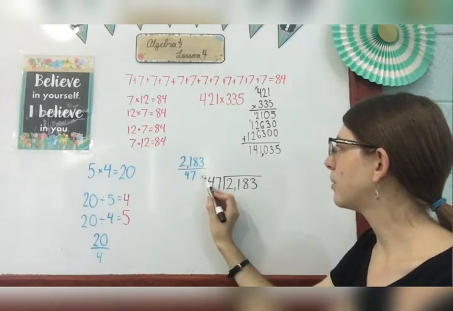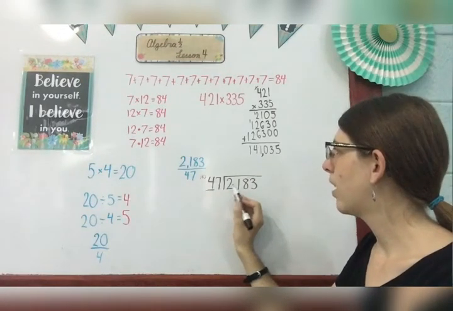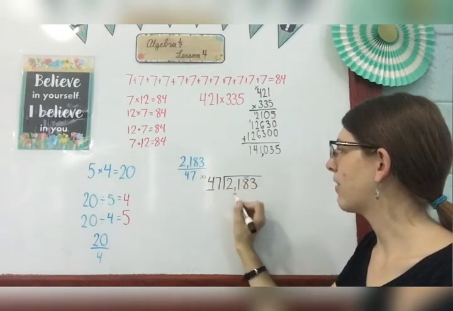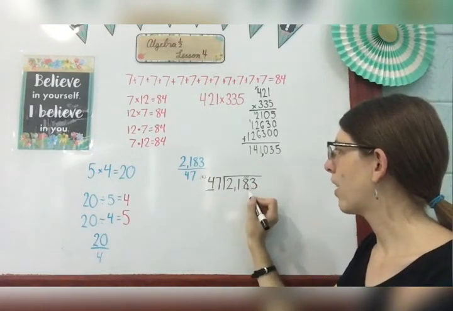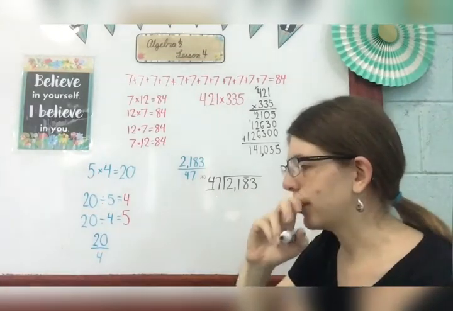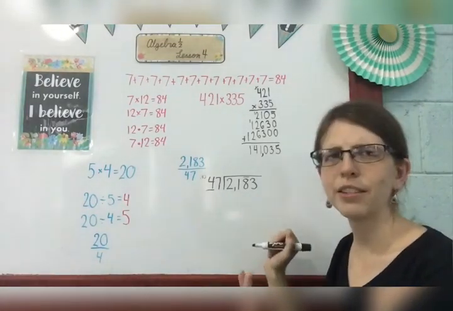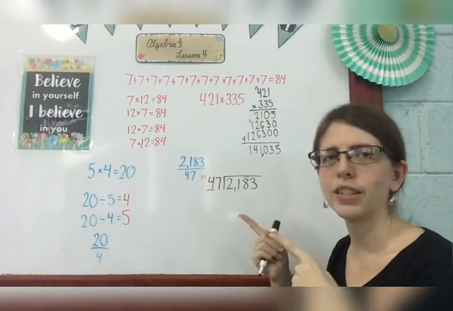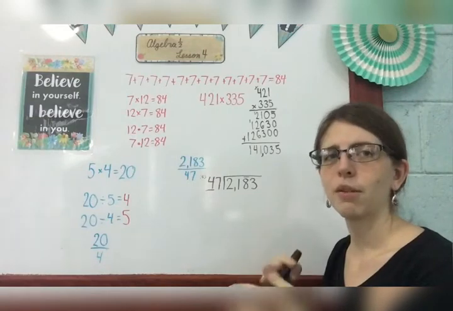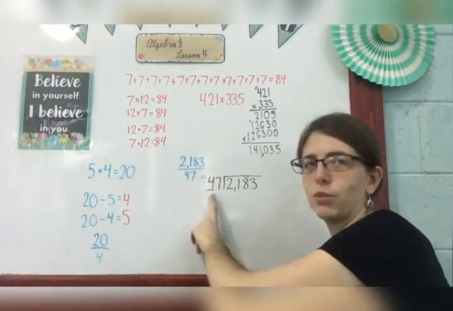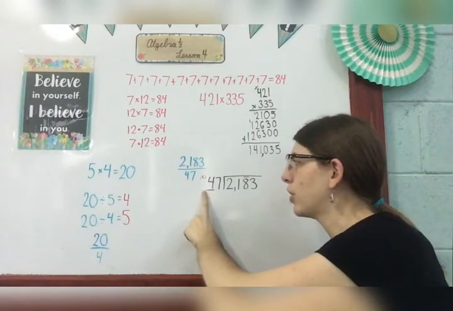So how many times would 5 go into, now I have to back up all the way here to 83, because 47 can't go into 21, so I have to back up to the 8. Let me slow down and say that again, because I think that there's some of you who are very quick and know this process, but there's some of you that this is brand new to. So when you're dividing with 2 digits, you look at your first digit.